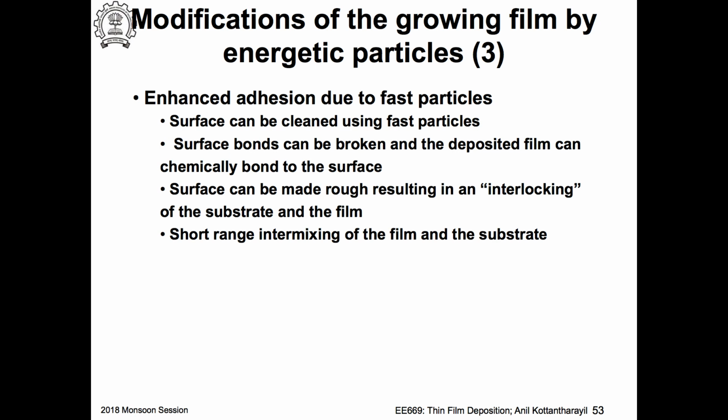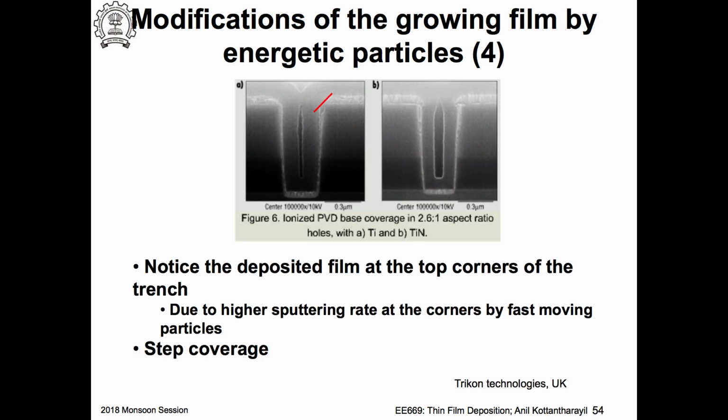So you are making it rough, so you have an interlocking of the deposited film with the surface, right? And intermixing of the film and the substrate. I'll show you some examples.